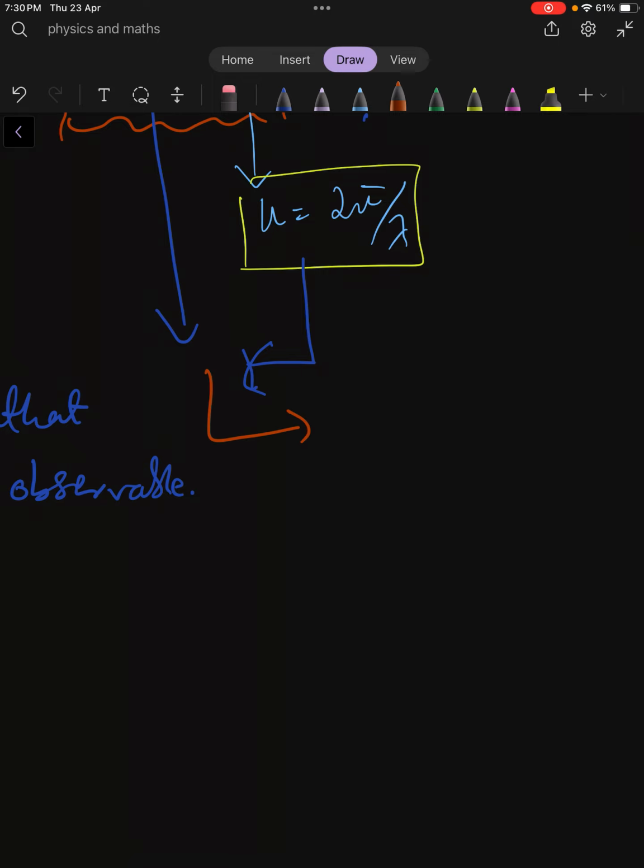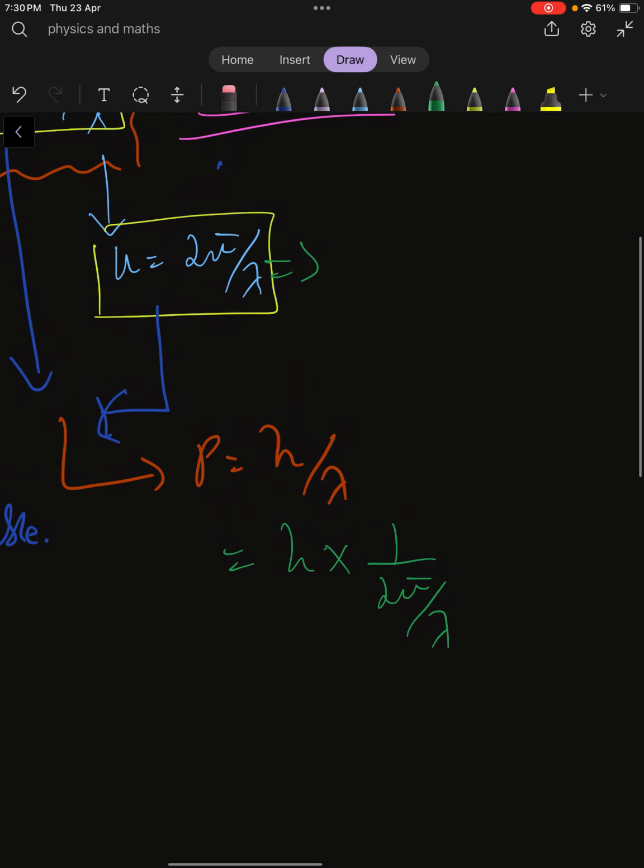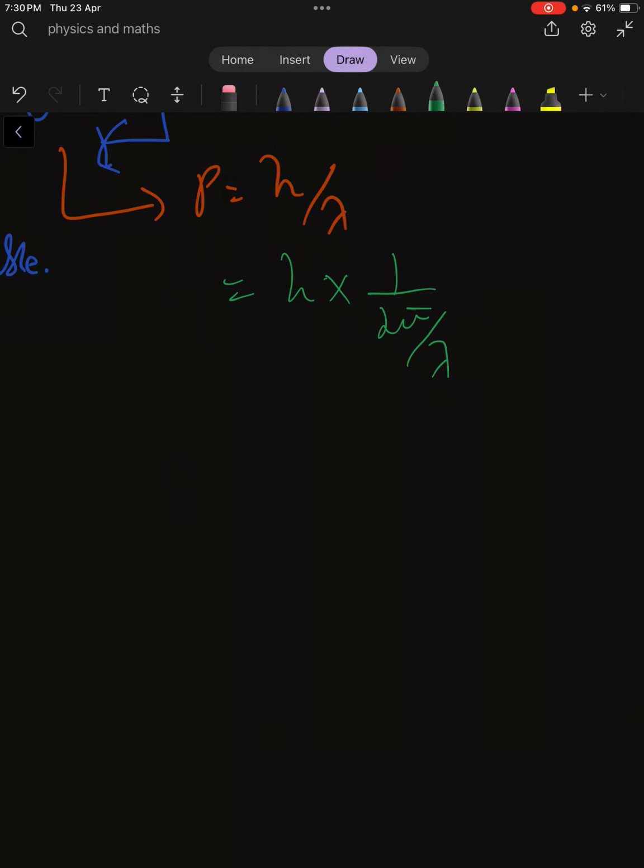P is equal to h over lambda, and when we replace lambda, rewriting this as lambda is equal to 2 pi over k, we get h multiplied by, not lambda, it's k actually, and this becomes k over 2 pi.